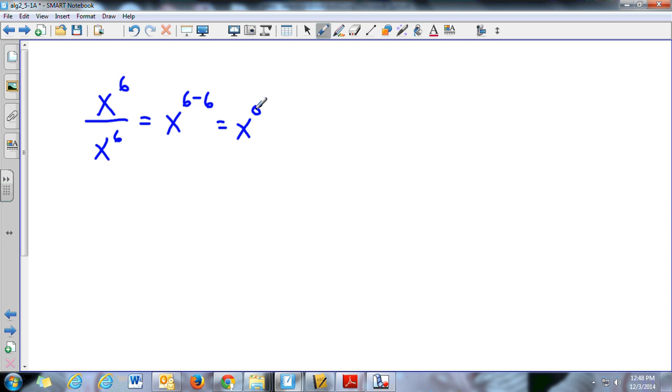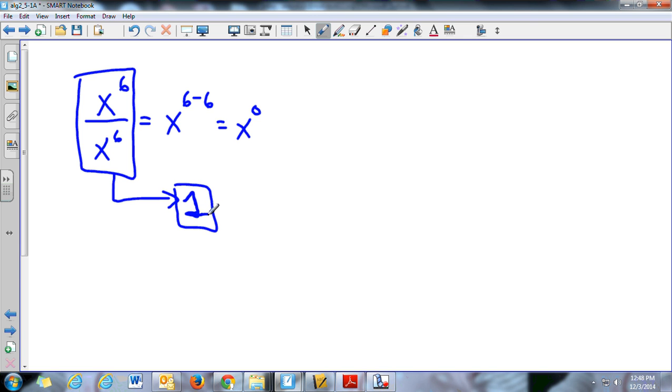So what exactly does that mean? Well, if we take a look at what we actually have here, we have x to the 6th, and we're dividing it by itself. And anytime you take something and divide it by itself, we know that that answer is always going to be 1. So if we can kind of make a connection here, x to the 0 power, we know that when we divide something by itself, it's 1.